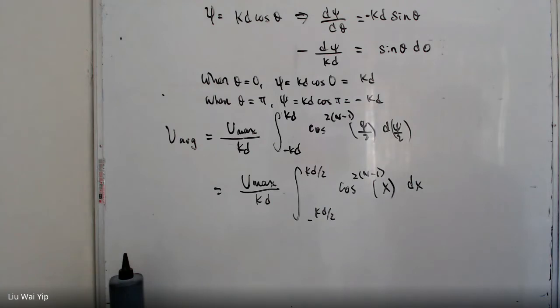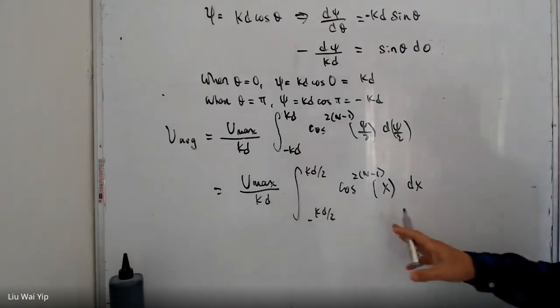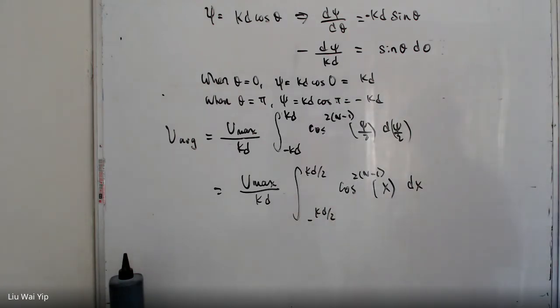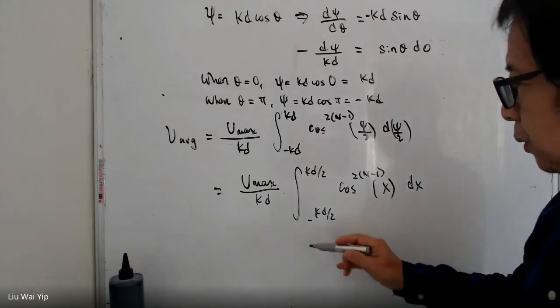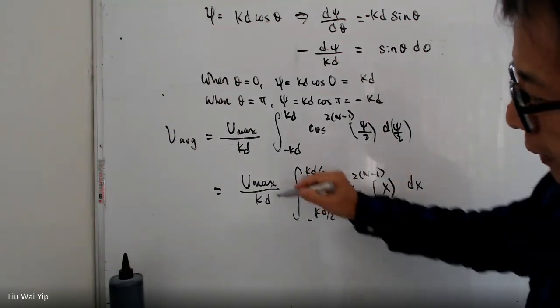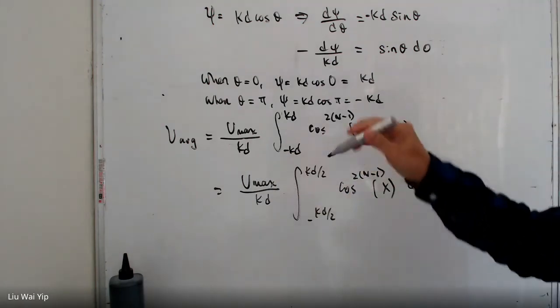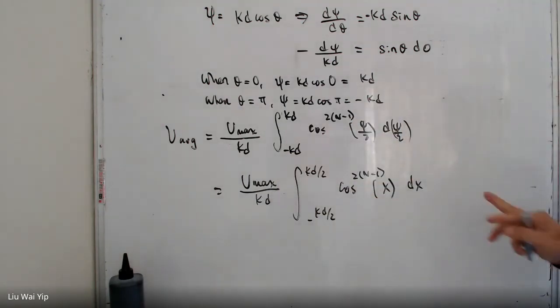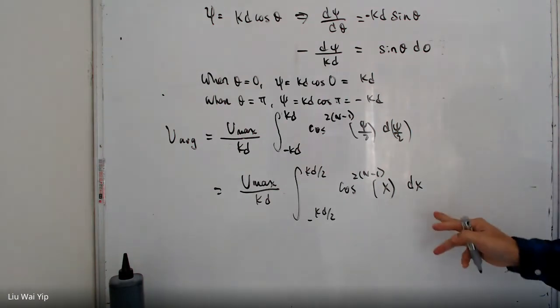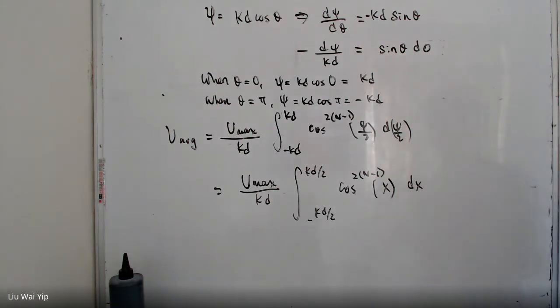You can use the integration table to resolve this one, or equally, if you don't want, you can also find other means to resolve it. But no matter what, at this stage we immediately know the directivity.